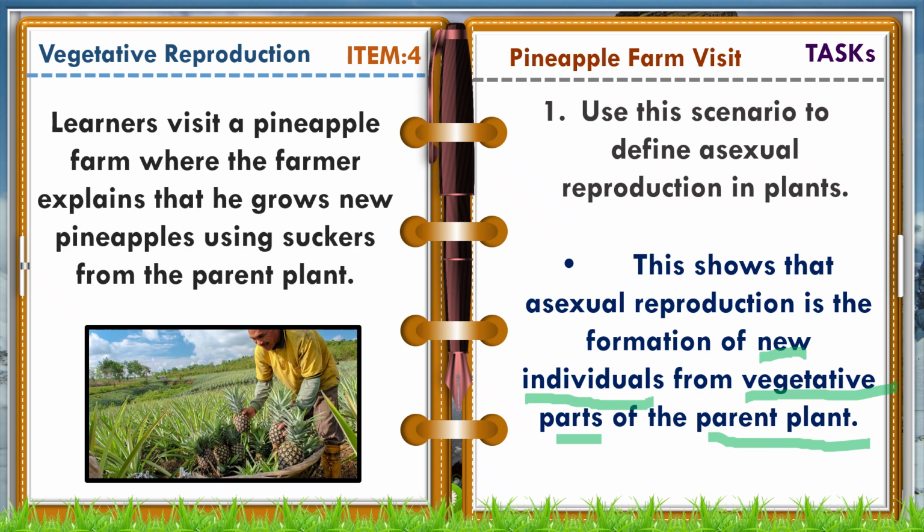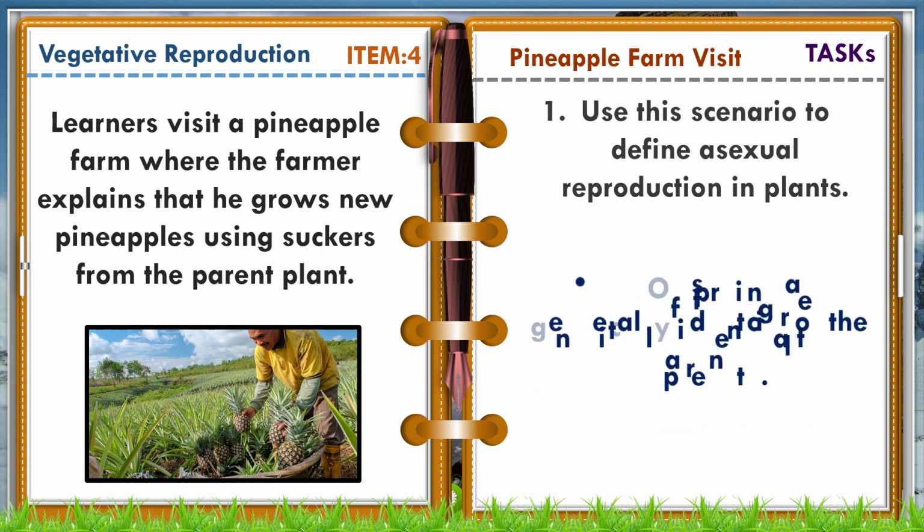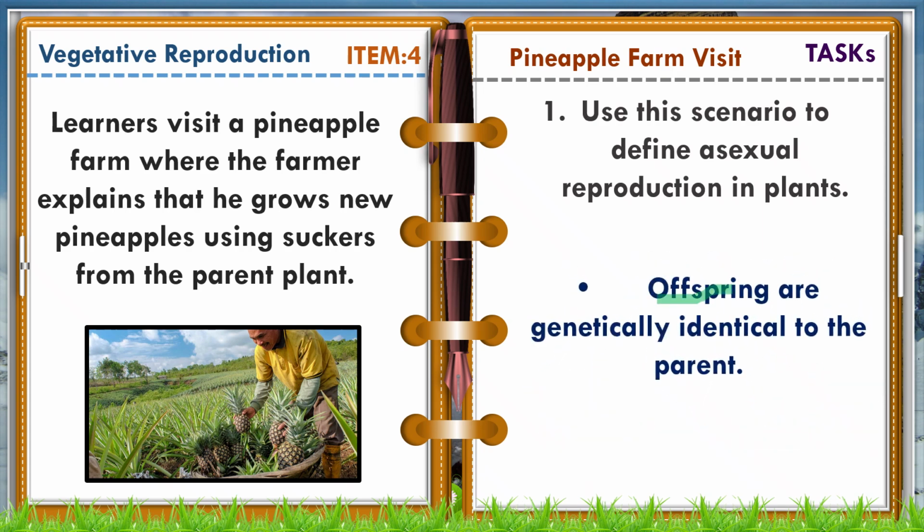So no use of seeds or gametes, but from the parent plant itself. Offsprings are genetically identical to the parent, meaning that the plant which is going to be formed will be the same as the one it is coming from, genetically identical.